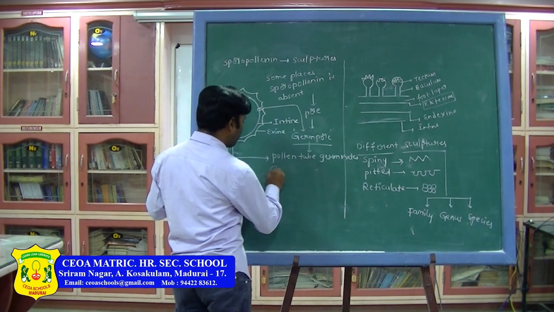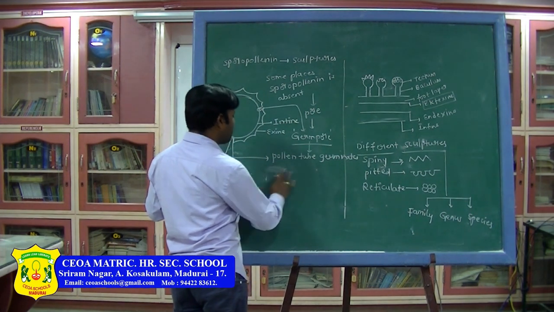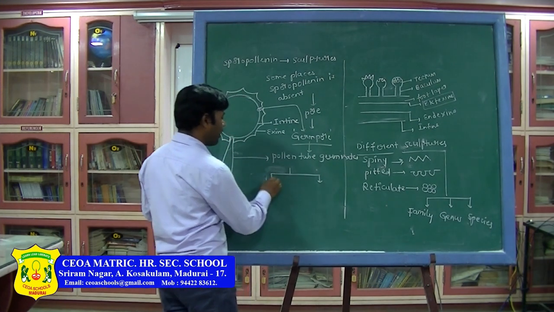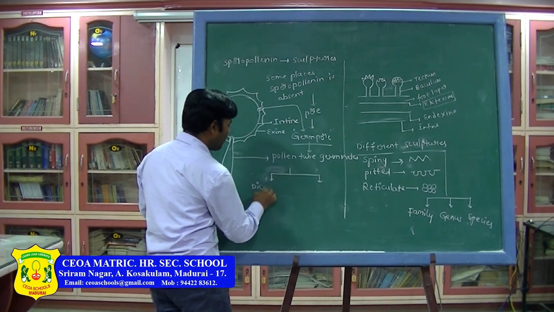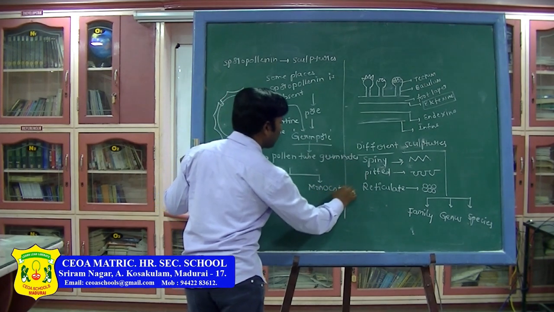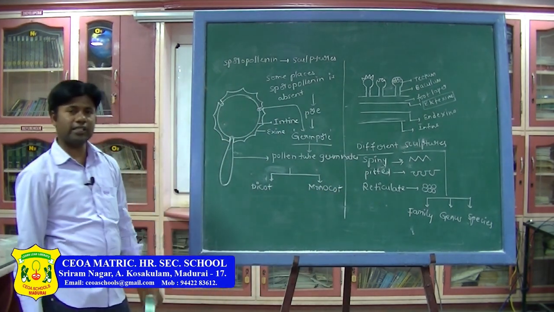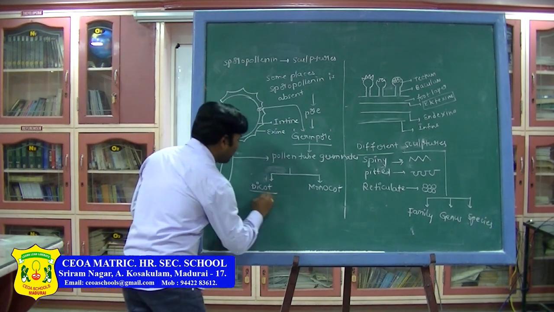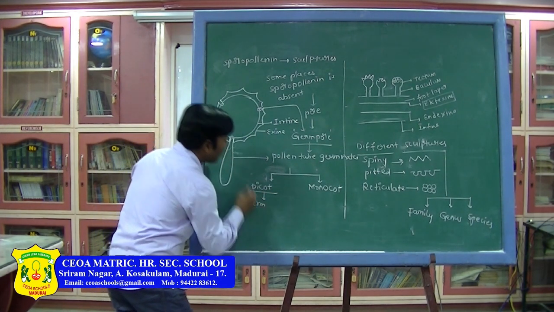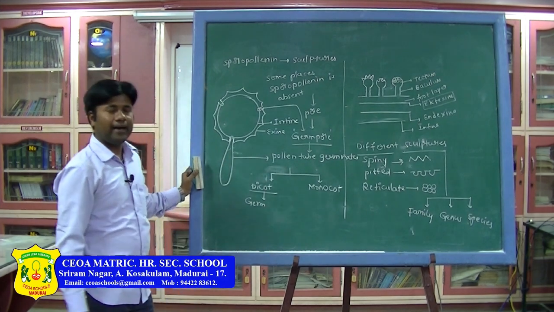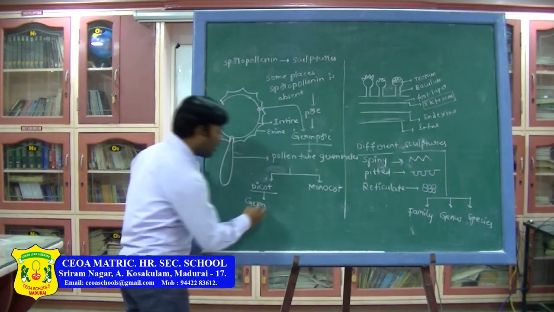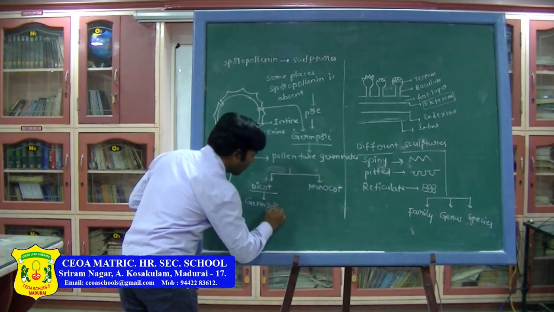When we take these germpores, there are different types. If you see dicot and monocot, the germpores are different. In dicot, whatever holes or pores are present to develop a pollen tube, we call them germpores.